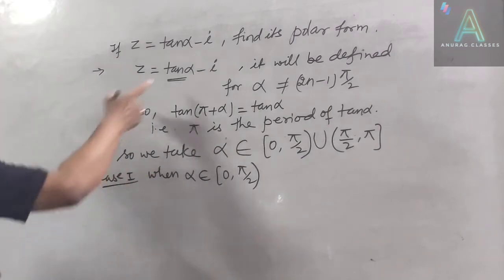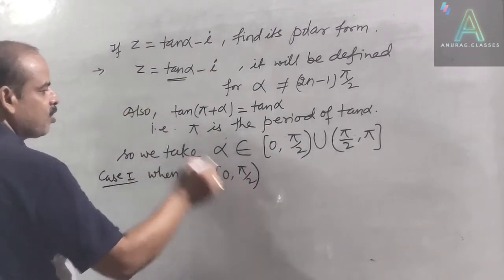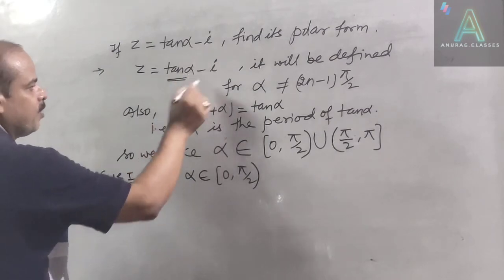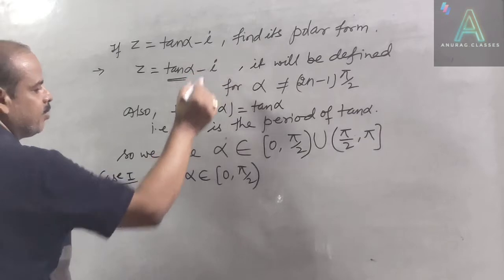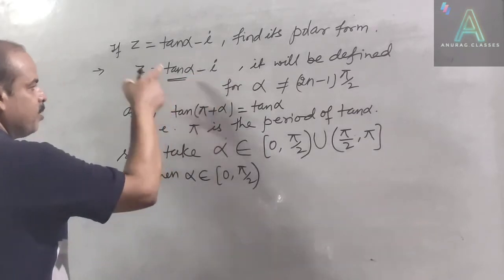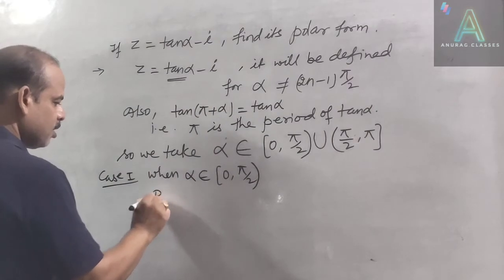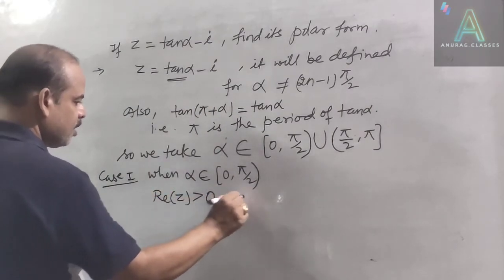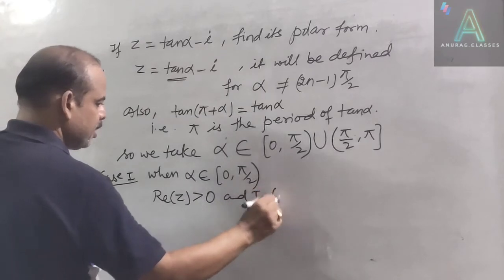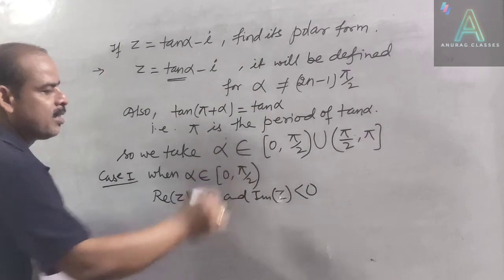In that situation, tan alpha is positive because in first quadrant tan is always positive, and iota, that is the value of y, is -1, minus iota. So x is positive, means real part is positive and imaginary part is negative. That is, real z is positive and imaginary z is negative. So x is positive, y is negative.